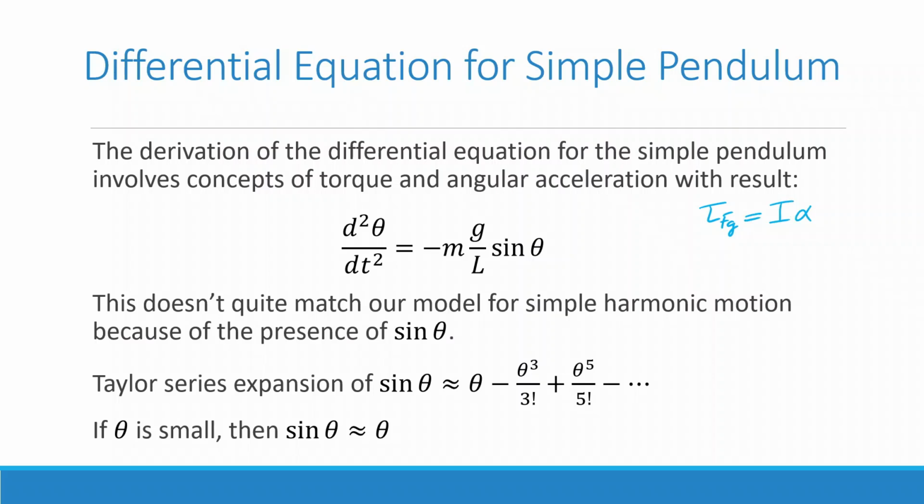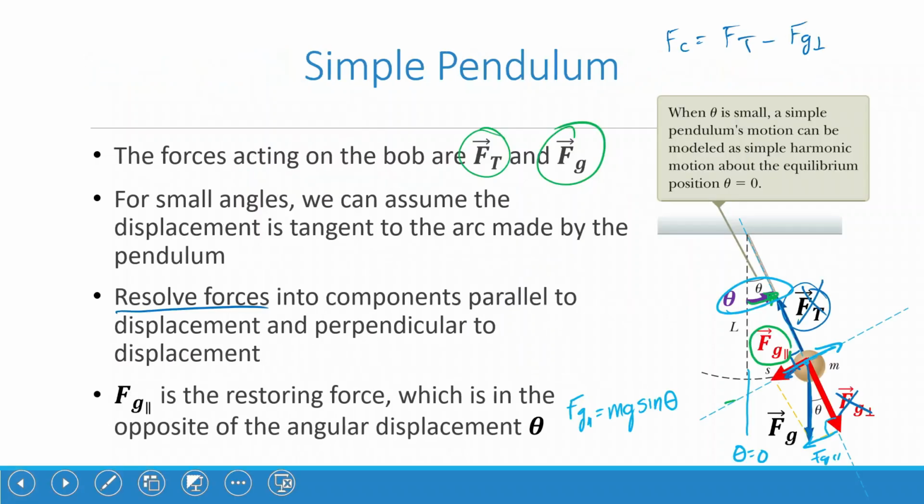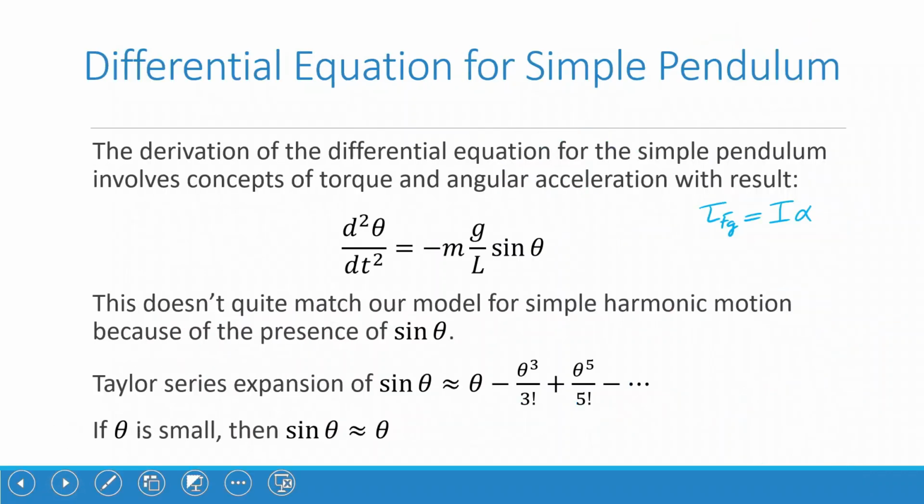So that gravitational torque is going to be due to that parallel component when we look back over here, because that's where our 90-degree angle is going to be. So our torque is going to be FG parallel times whatever the radius is. Our I for the pendulum bob is going to be mr squared, and our alpha is going to be d squared theta over dt squared.